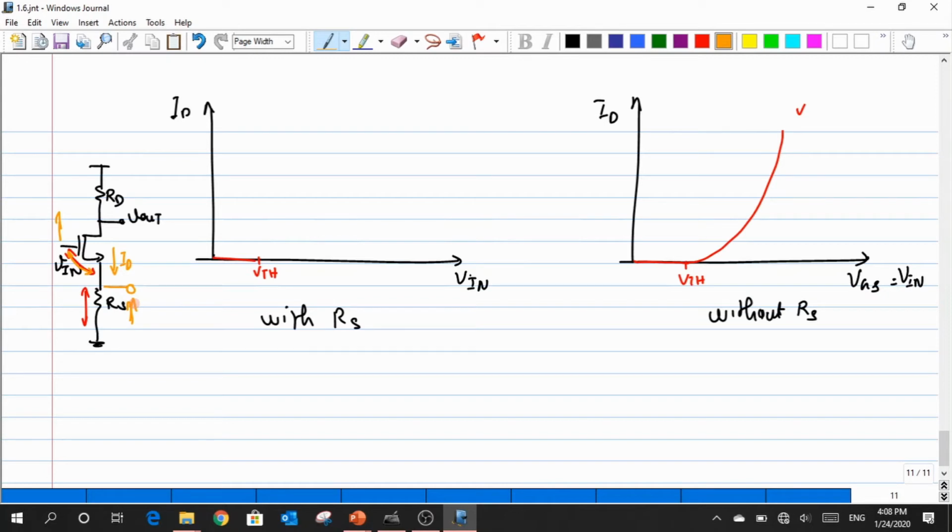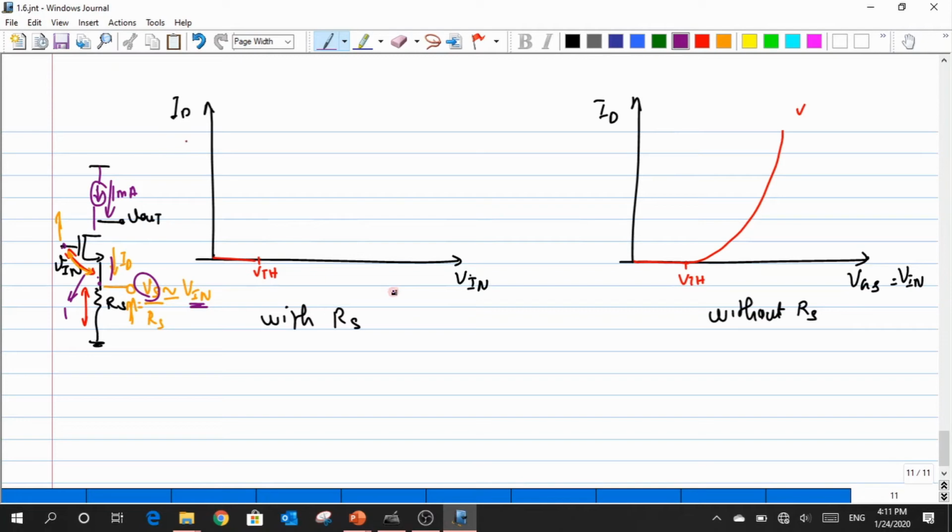Now if that is the case, how will I draw the current for this? Yeah, some sort of linear relation we have, right? This Vs I could approximate to a value of Vin itself. Am I right? Because apart from the offset, my source voltage is following my gate potential. Okay, so it's almost equal. And in order to read out the current, when I divide by the resistance, I would get the current.